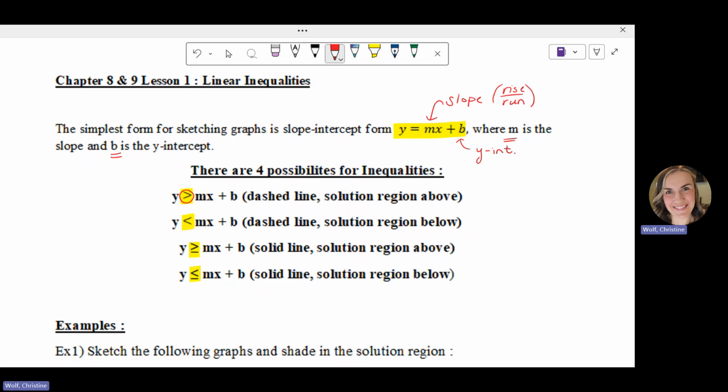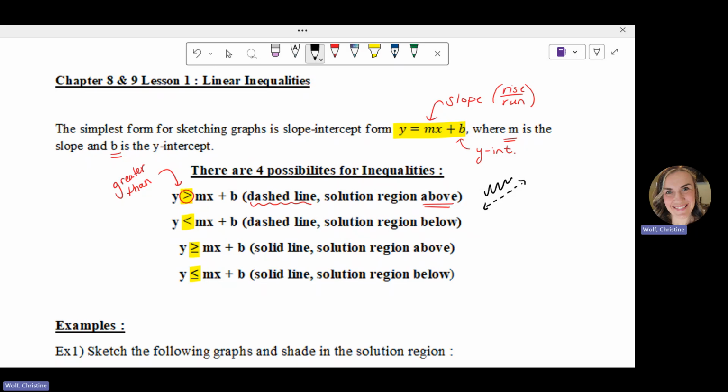If it's strictly greater than, you don't have that equal sign, that's how you know the line you draw is going to be dashed. And because it's greater than, that means we are going to color above the line. So our line would look maybe like this, dashed, and we would shade above.